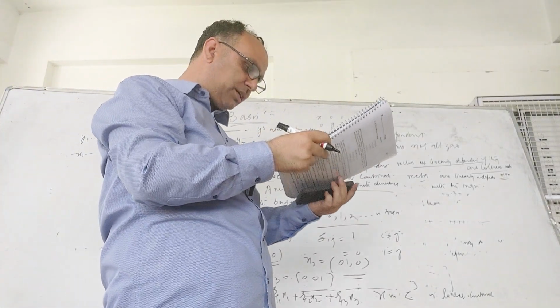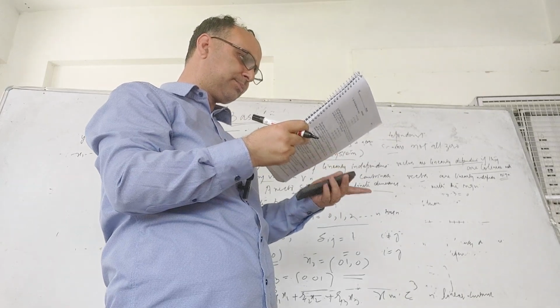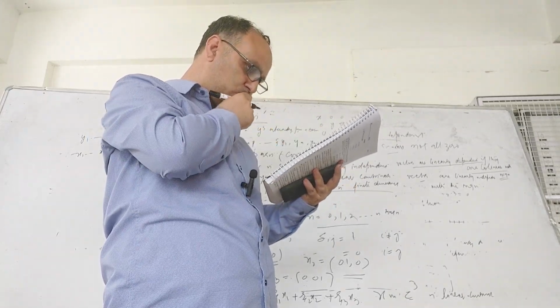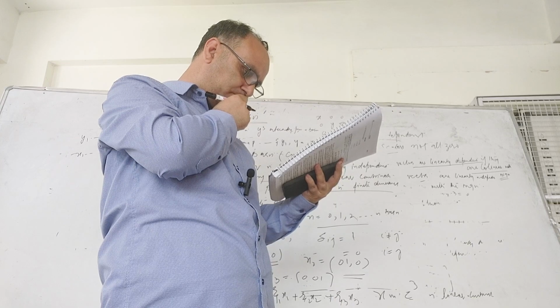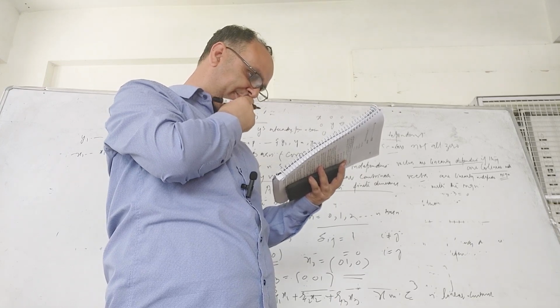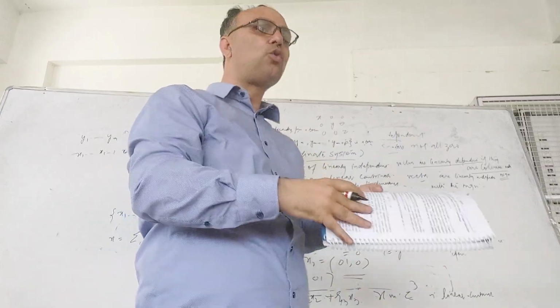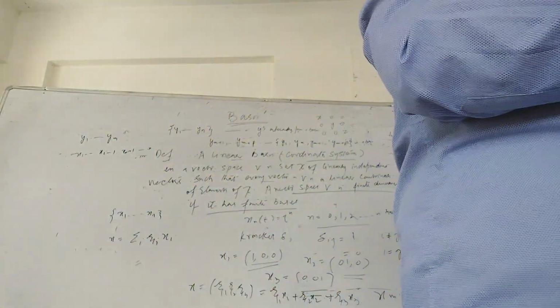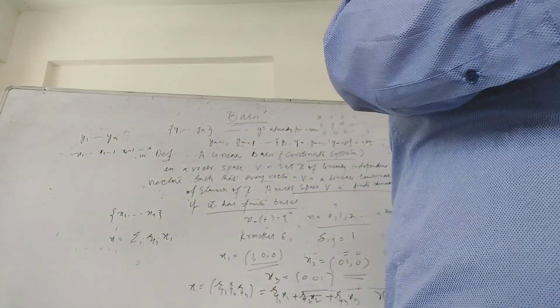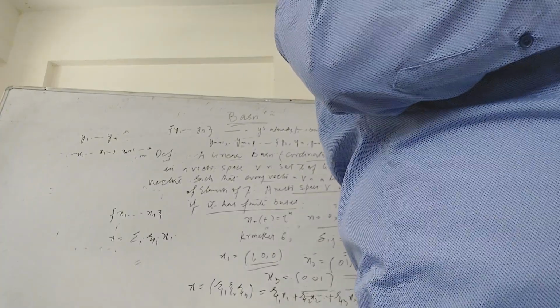So it's how we can arrive at a linearly independent basis after doing a finite set of operations.